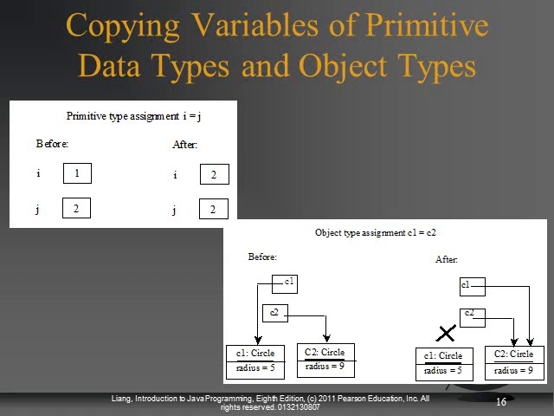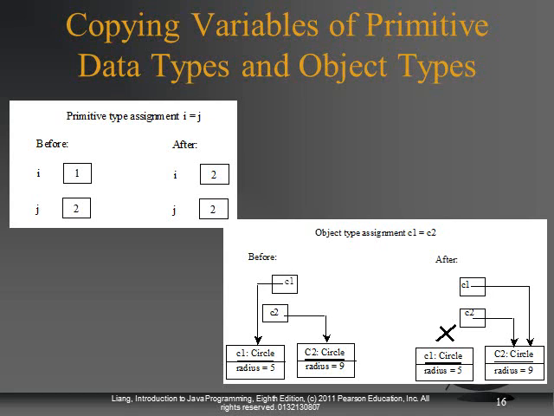So note that when we say c1 equals c2, c1 and c2 point to the same object. There is no longer a pointer to the c1 object. It's an orphan. Garbage. Garbage is automatically collected by the Java virtual machine, which frees up the memory that was occupied by c1. This process is known as garbage collection.